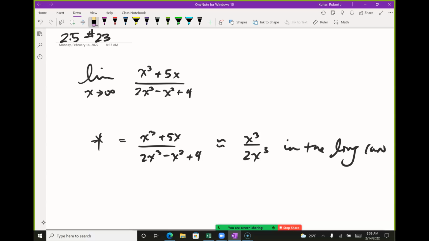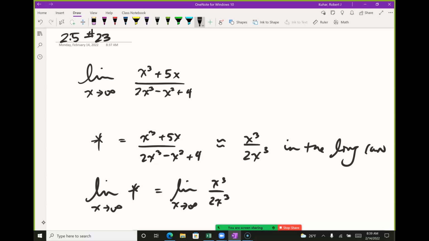And so you can see here that the limit as x goes to infinity of star is the limit as x goes to infinity of x cubed over 2x cubed, which is 1/2, right? So the x cubes just cancel.